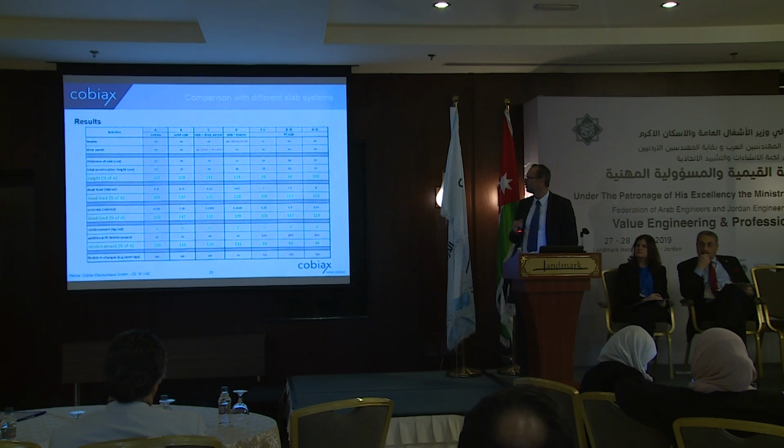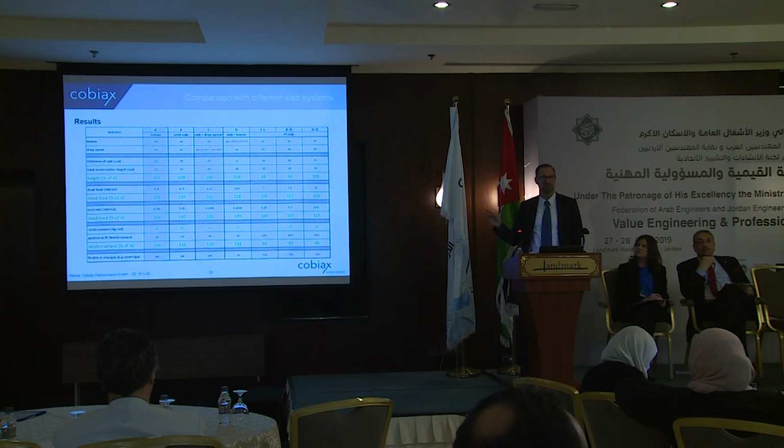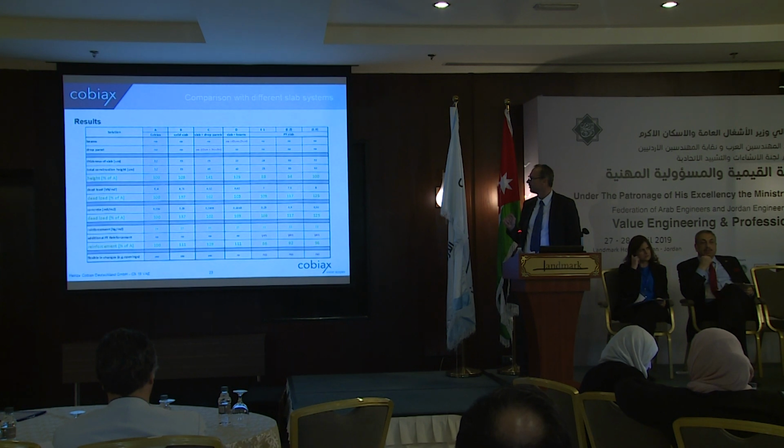The slab beam solution has to have 25% more construction height. With a PT slab, you will find 88%, 94%, and 100%. So at first view, it should be an advantage in this case. Let's have a look at the other results.